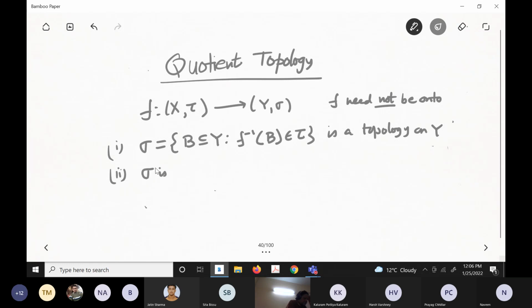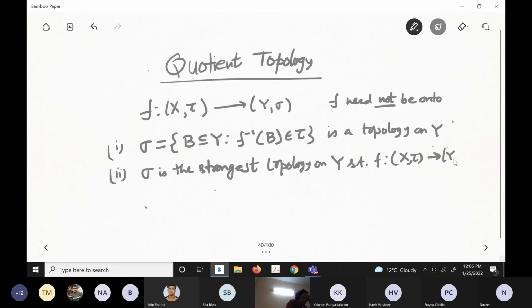Sigma is the strongest topology on Y such that f is continuous. That is, what is the meaning?